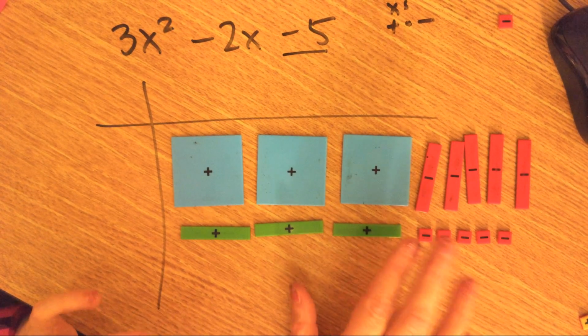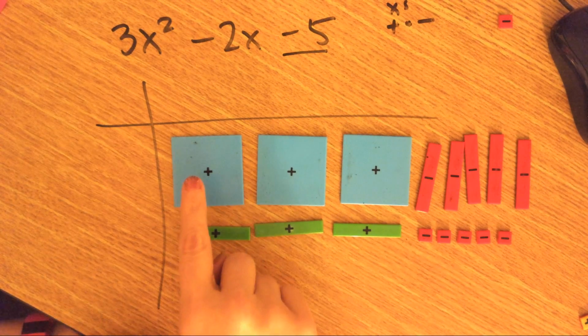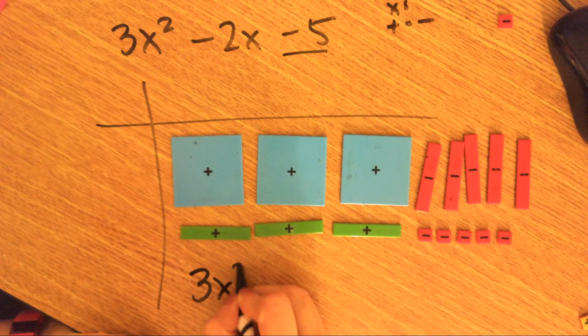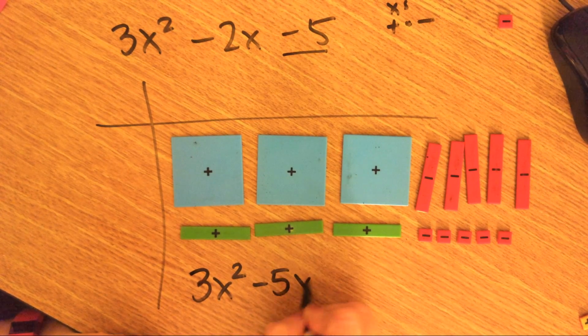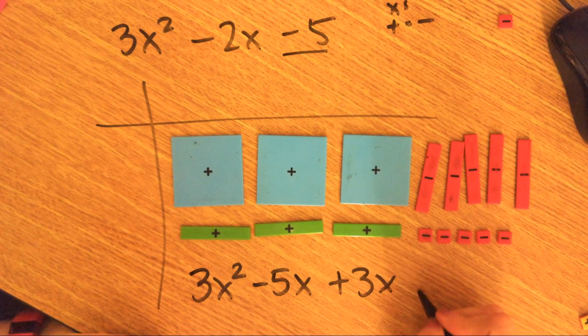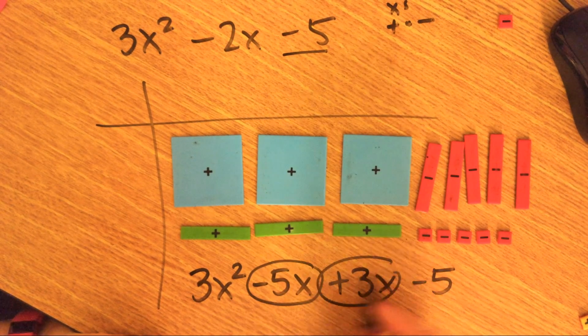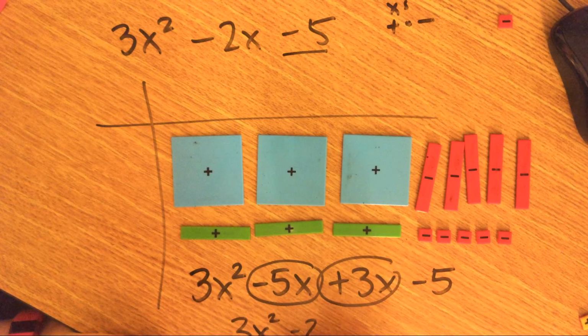Because when I actually get this tiled, if I write down what I see, I have 3x squared minus 5x plus 3x minus 5. When I combine these, I get 3x squared minus 2x minus 5.